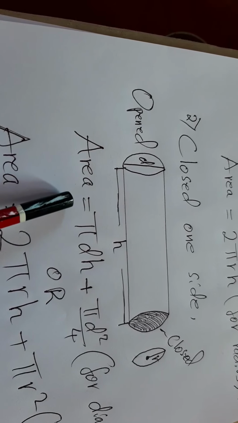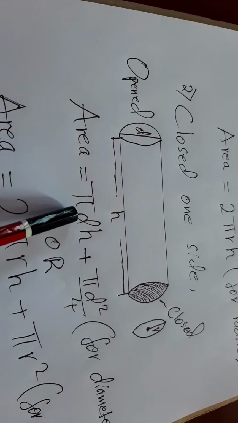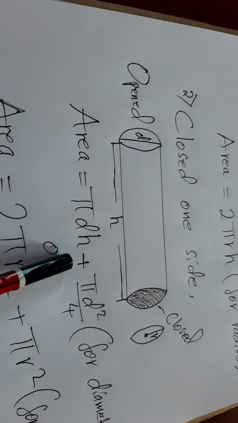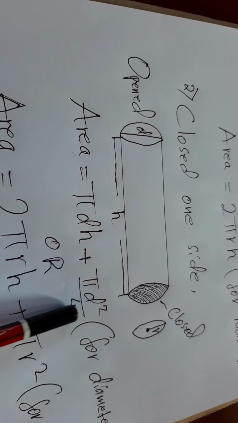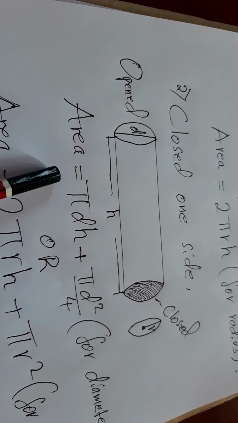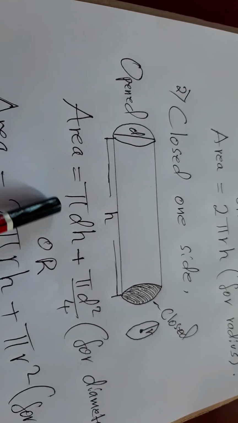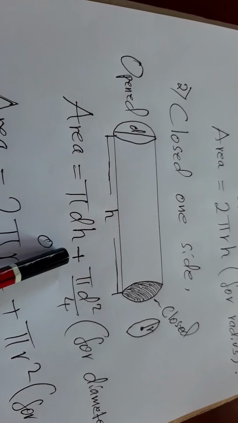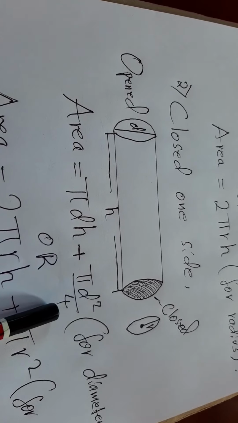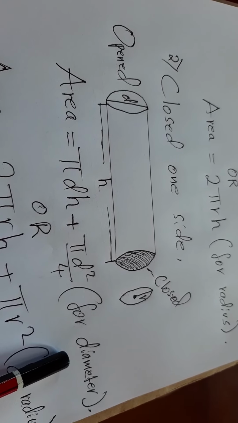For the area of a cylinder closed on one side, the area is equal to pi d h plus pi d square over 4, for the case of diameter.